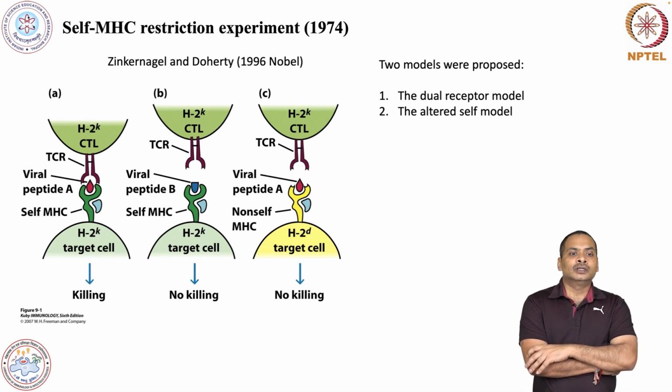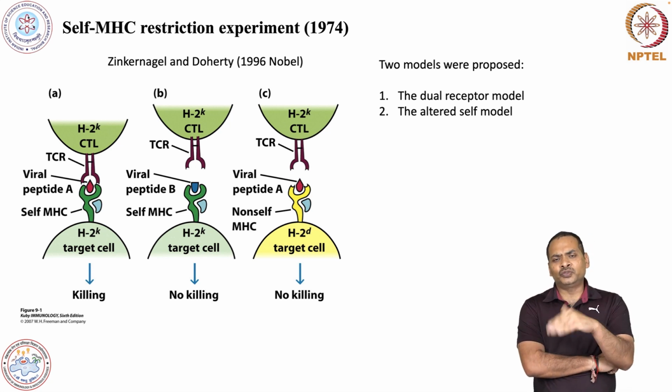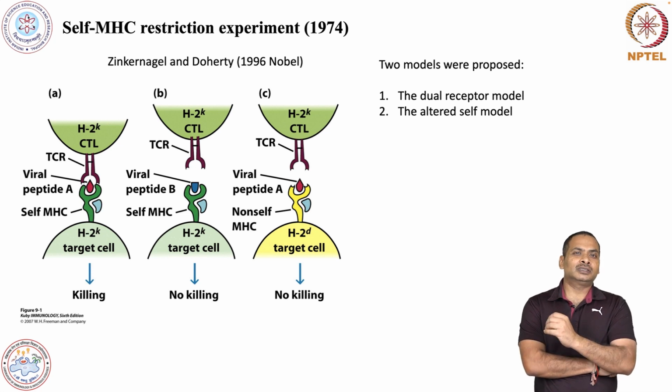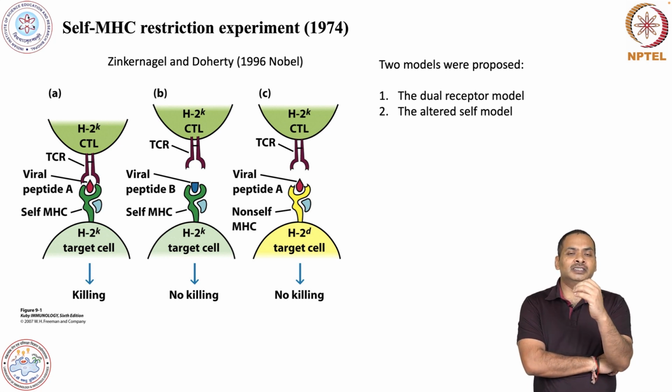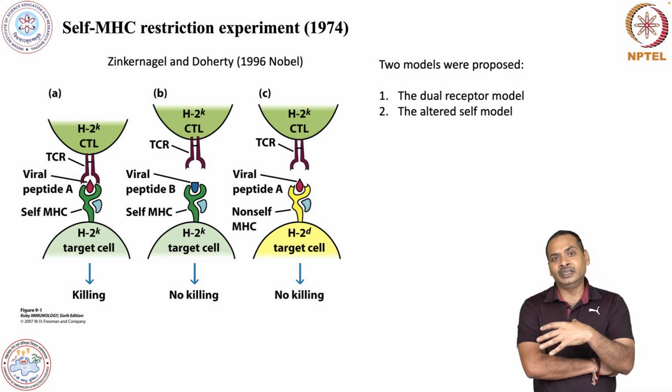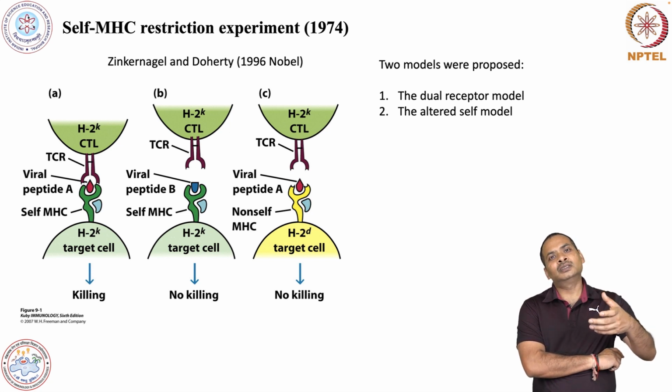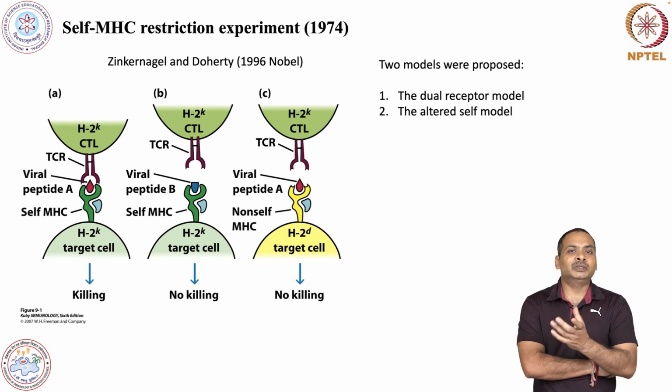Okay. And before that there were two models. There was a dual receptor model. The dual receptor model is that the T cell recognizes the antigen with one receptor, and there must be another receptor which recognizes the MHC molecule.